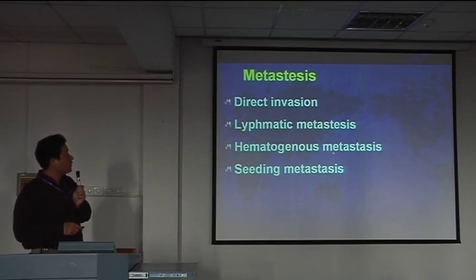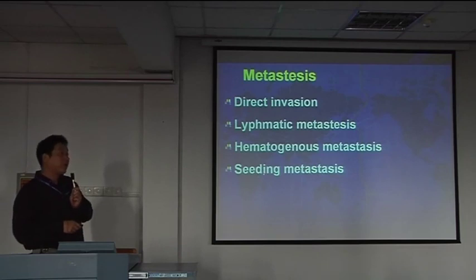And hematogenous metastasis usually goes to the liver. And the seeding metastasis is very specific in GI tumors. The tumor cells can drop to the pelvic peritoneum and form very small nodes.